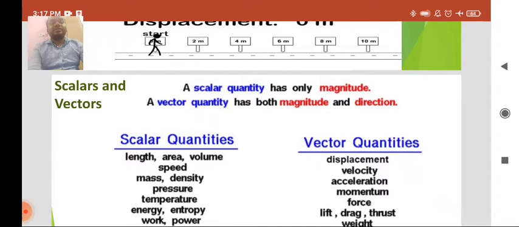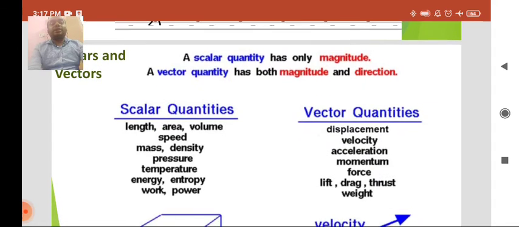It is called a scalar quantity. A vector quantity is a quantity for which both magnitude and direction are given. It is called a vector quantity.